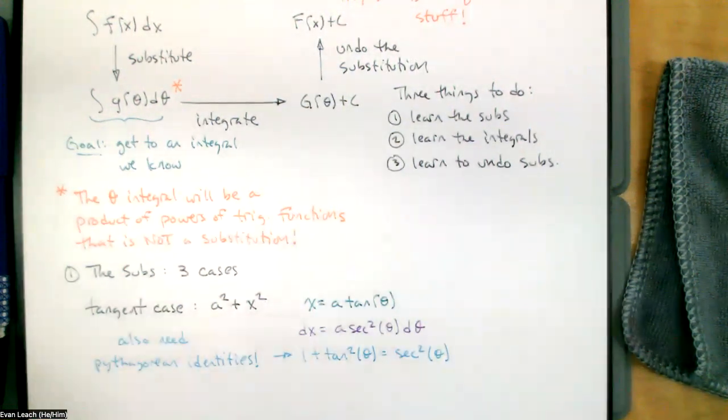So we're also going to need our Pythagorean identities.